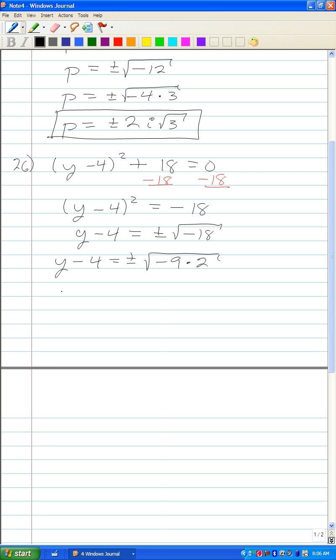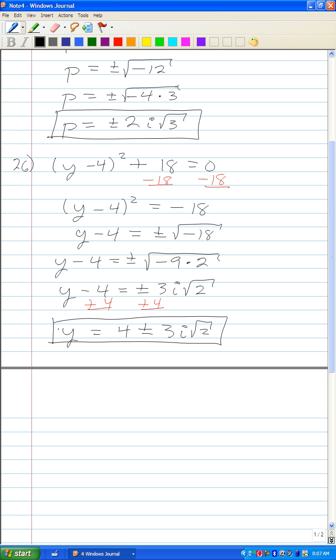And so I have that y minus 4 is equal to 3i radical 2. Let me add 4 to both sides of my equation. So y is equal to 4 plus or minus 3i rad 2. And that is your answer.